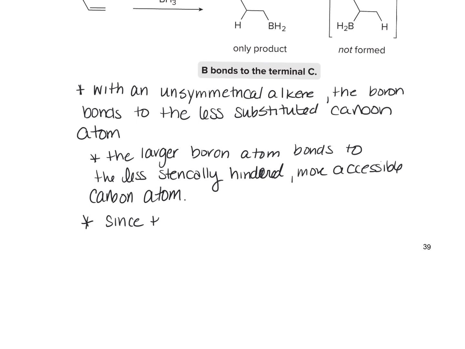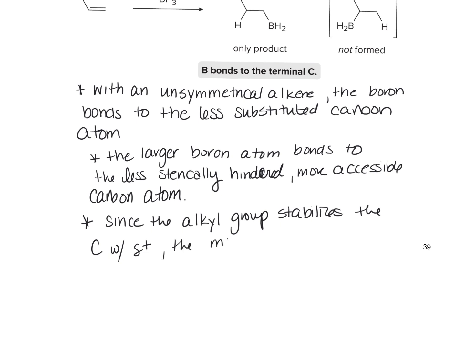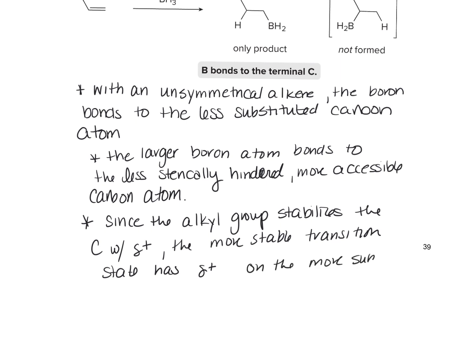Since the alkyl group stabilizes the carbon with the partial positive, the more stable transition state has the partial positive on the more substituted carbon.